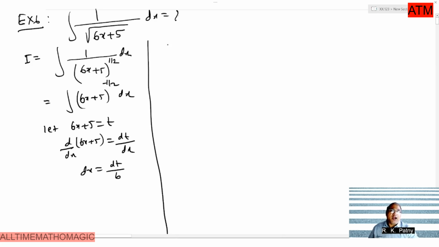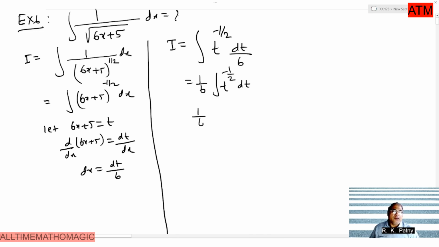After that I equals the integration of t raised to minus 1 by 2, and dx equals dt by 6, 1 by 6 outside, integration of t raised to minus 1 by 2 with respect to t. 1 upon 6, the integration of t raised to minus 1 by 2 is t raised to minus 1 by 2 plus 1 upon minus 1 by 2 plus 1.